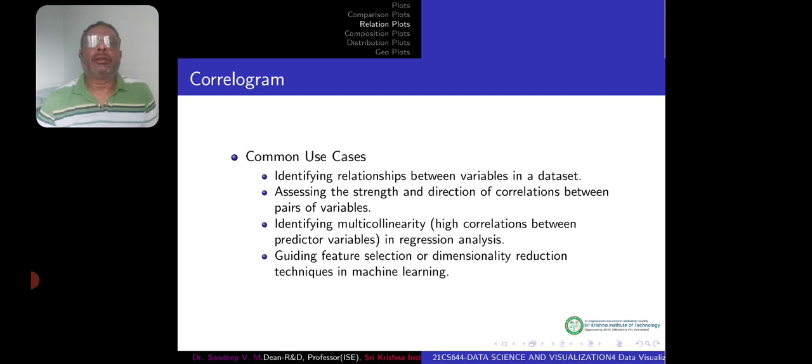And if we find that the output has no correlation with a particular input, that means it's an extra thing. It is redundant and is not going to make any improvement in our work. It's not going to give us any meaningful insight.